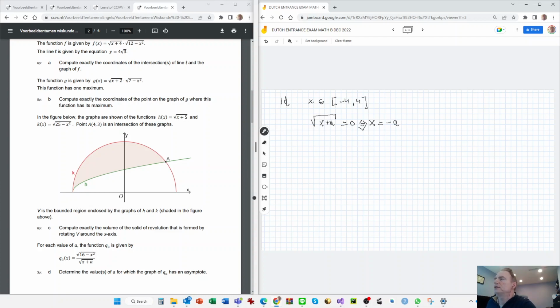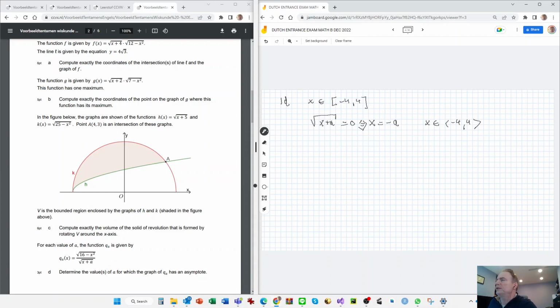Since this numerator could be 0 as well. But we know it's non-zero when x is in minus 4 to 4, excluding minus 4 and 4, then definitely the numerator is not 0.